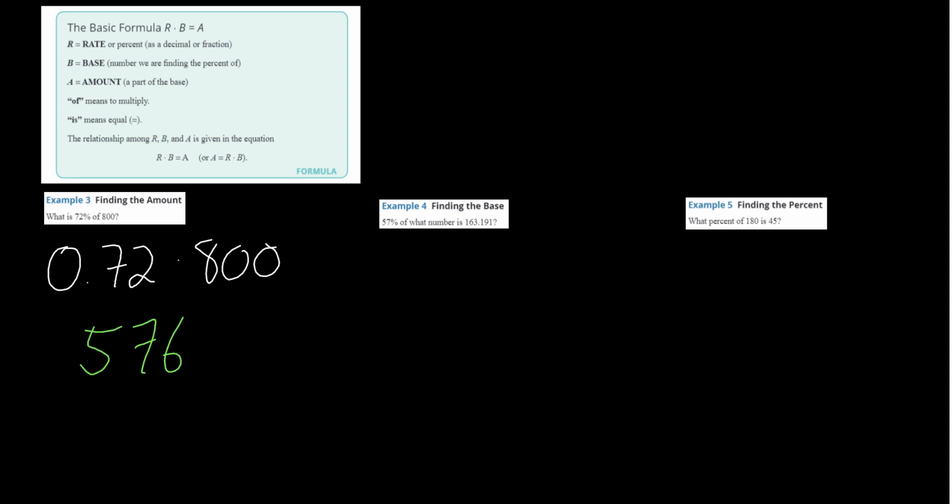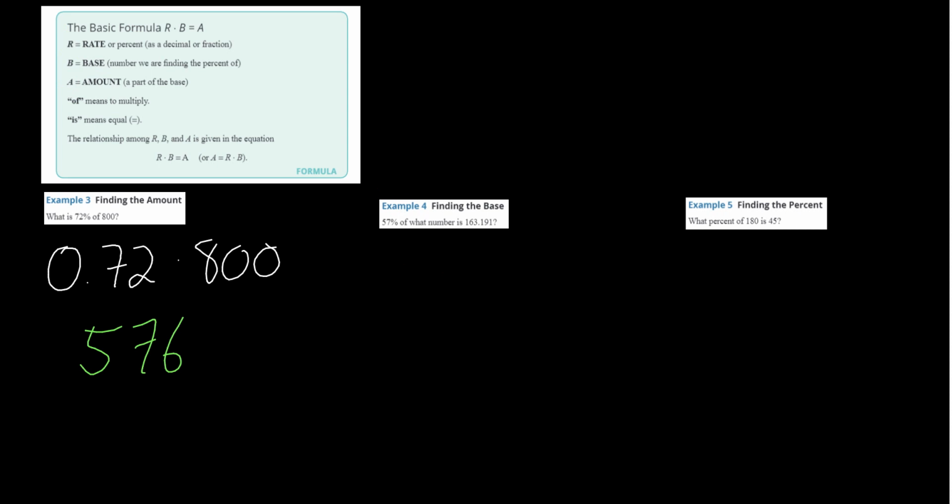So if I go back to example 3, to reword again: if I wanted to find the percent of a number, I multiply. If I wanted to find the actual number that I'm taking the percentage of, then I'm going to divide.